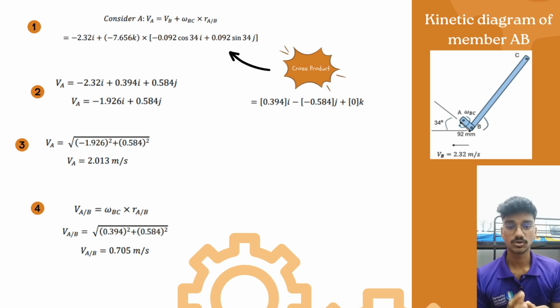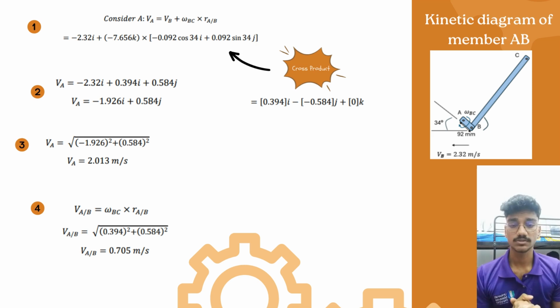Now we'll find the cross product and substitute the value into the equation of velocity A, and finally we will get velocity A equals negative 1.926 i plus 0.584 j.